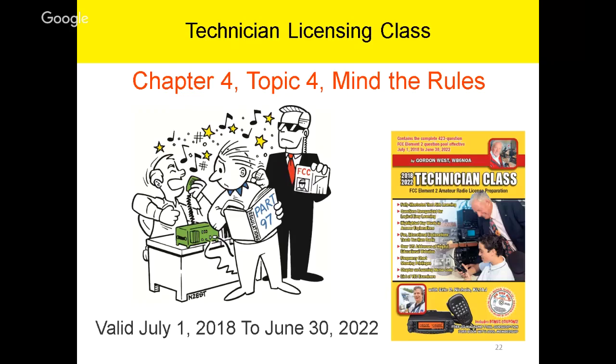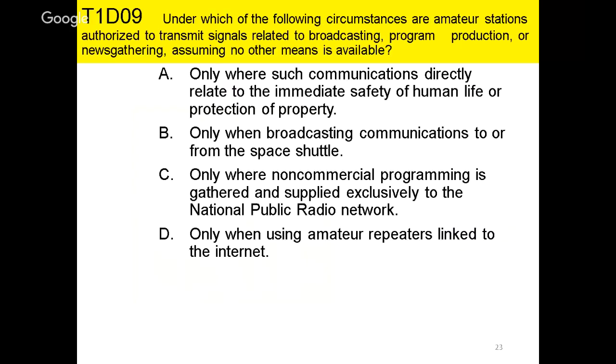All right. Again, we get into some more rules here, and I did a few of these as well. So in which of the following circumstances are amateur stations authorized to transmit signals related to broadcasting, program production, or news gathering, assuming no other means is available? Okay. That's the key point here.